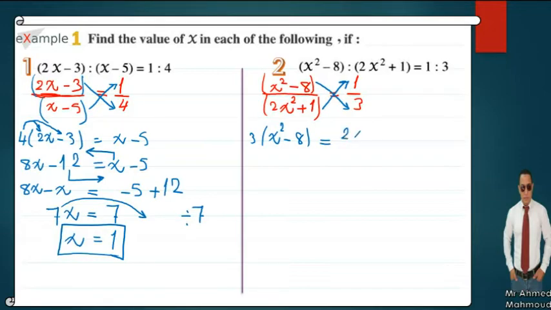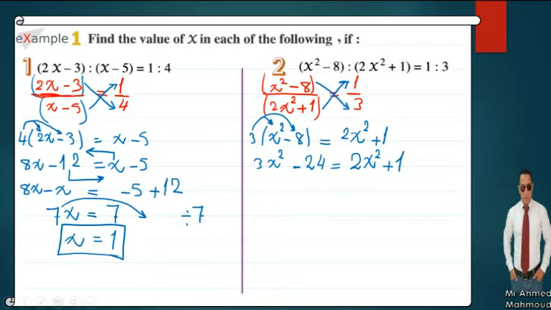It will be 2x² plus 1. Then I'm going to distribute 3 among the bracket like this. 3 times x² equals 3x² minus 3 times 8 equals 24. Here we have 2x² plus 1.